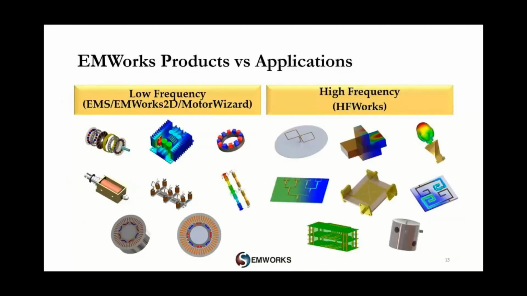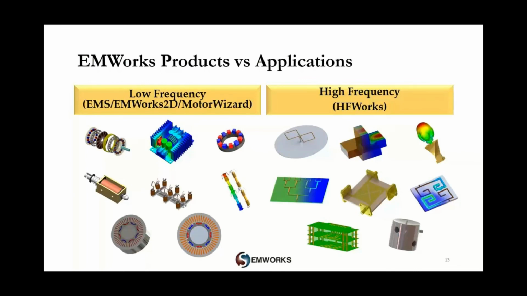Now let us do a quick recap on EMworks products and their related applications. We can divide EMworks offerings into 2 categories: applications related to low frequency simulation and applications related to high frequency simulation. Within low frequency category, we offer 3 products: EMS 3D, EMworks 2D, and Motor Wizard.